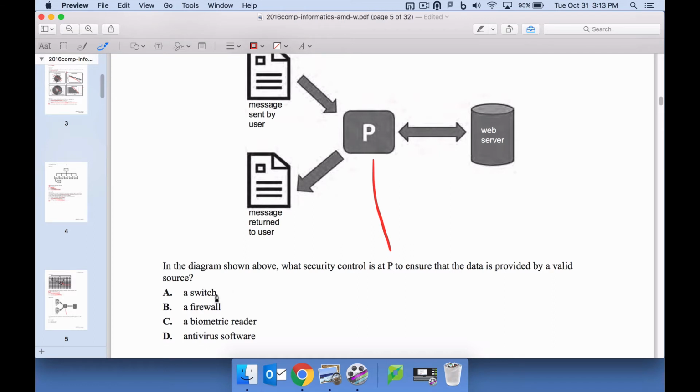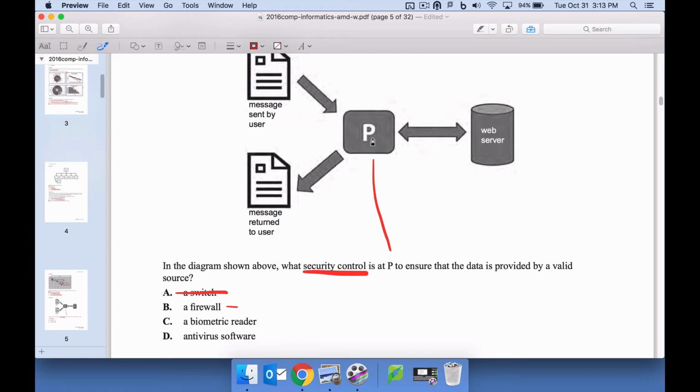Would it be a switch? Possibly, possibly not. If we're talking about security control, does a switch provide security for this sort of flow? It does not. So let's take that one off. A firewall. Yes, that's a possible answer. Let's go through the rest. A biometric reader.